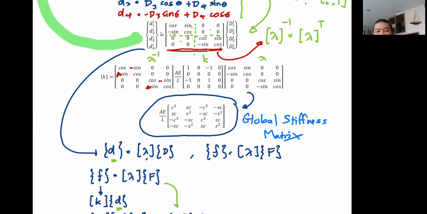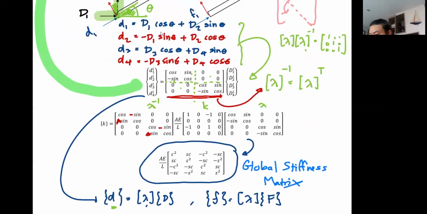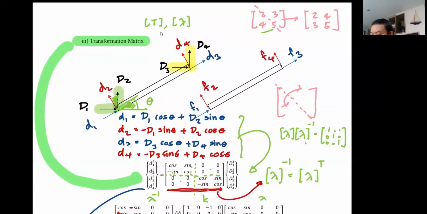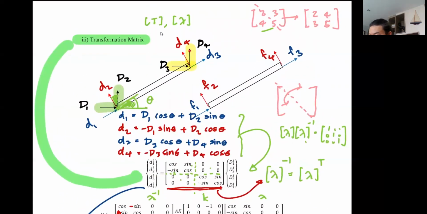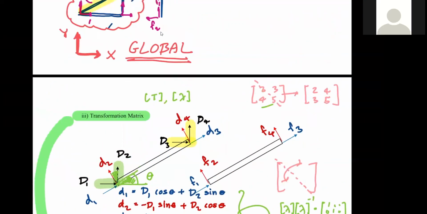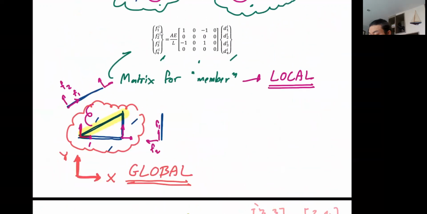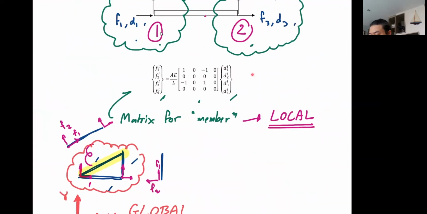But when you want to solve the forces acting on your members, the force you want for your members will be the force in the local direction, correct? Yes. So you're going to have to use this if you want to solve anything locally.